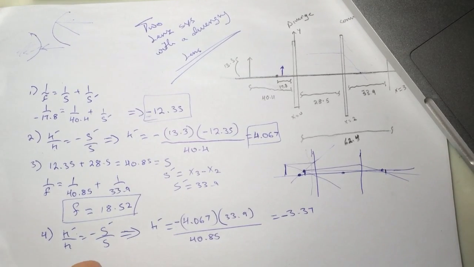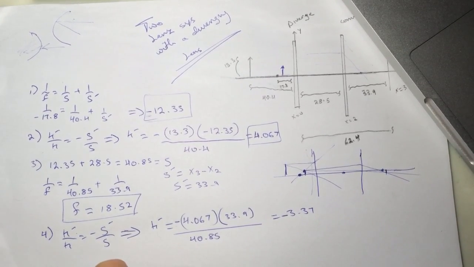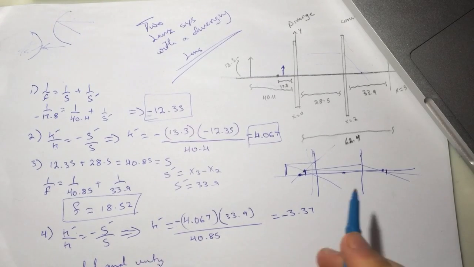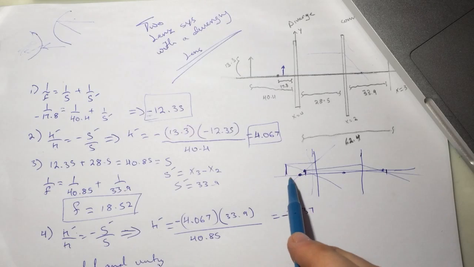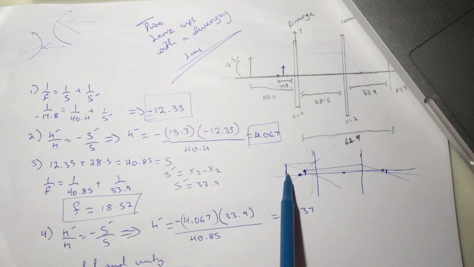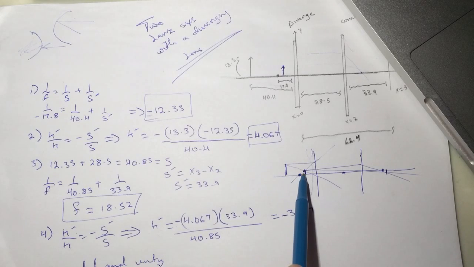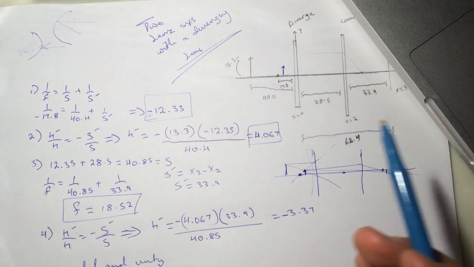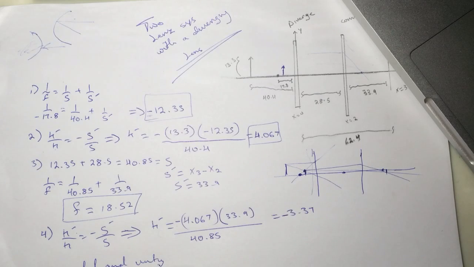That's why, for number 5, it's inverted and virtual. I think it's virtual because the first image produced was virtual, so I guess everything after this will be virtual. That's my guess. I'm not sure.